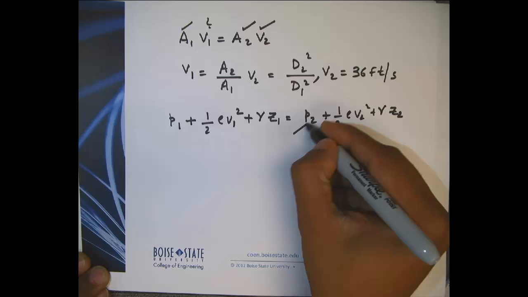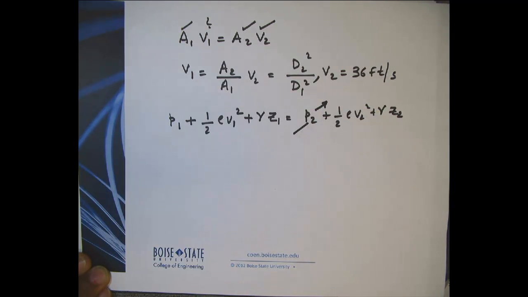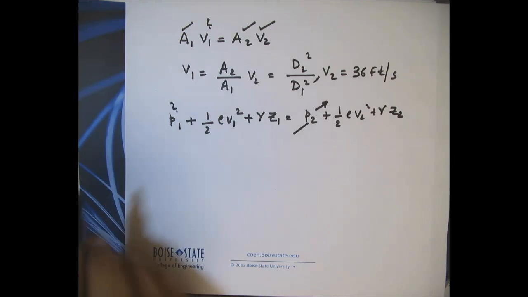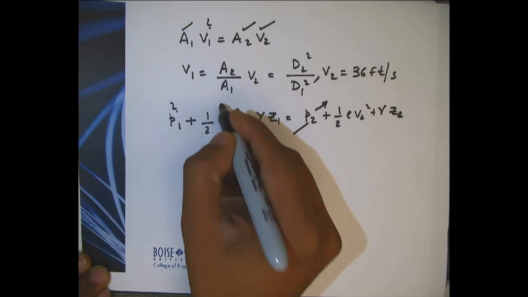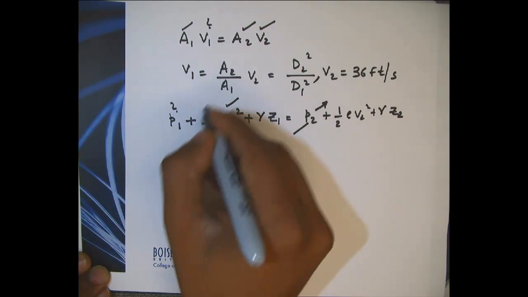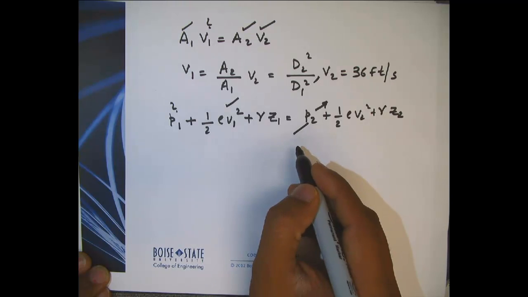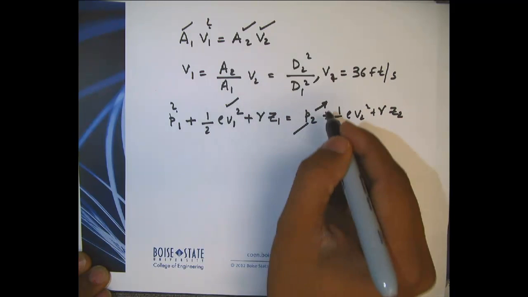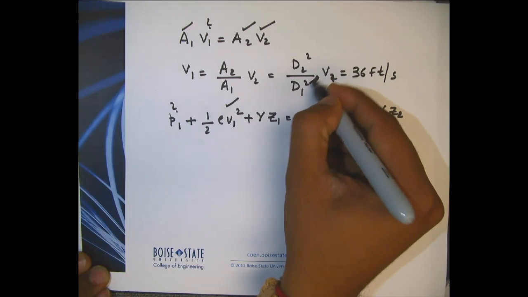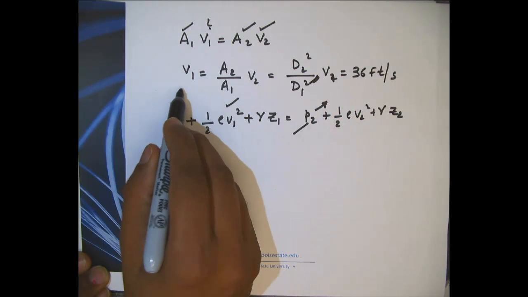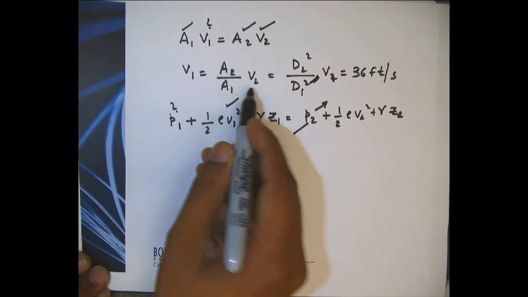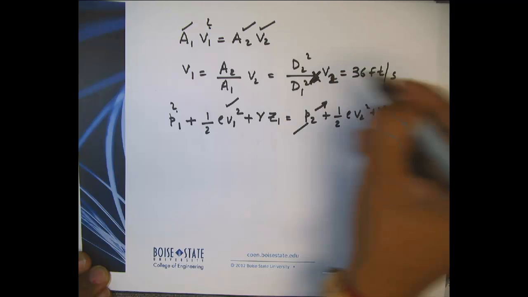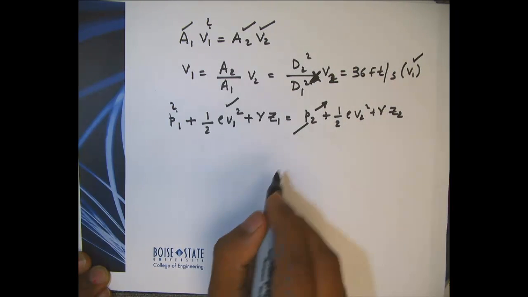So I know P2 is 0. I know I want to find P1. I know V1, which we just found. I should probably write this in a better way. So V1 is A2 over A1 times V2, D2 over D1. So this should be V2 multiplied, and this is what we are after, V1.